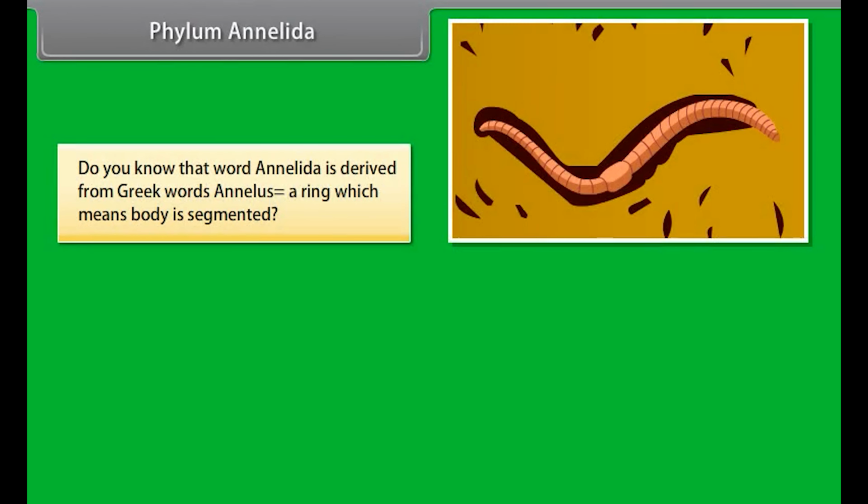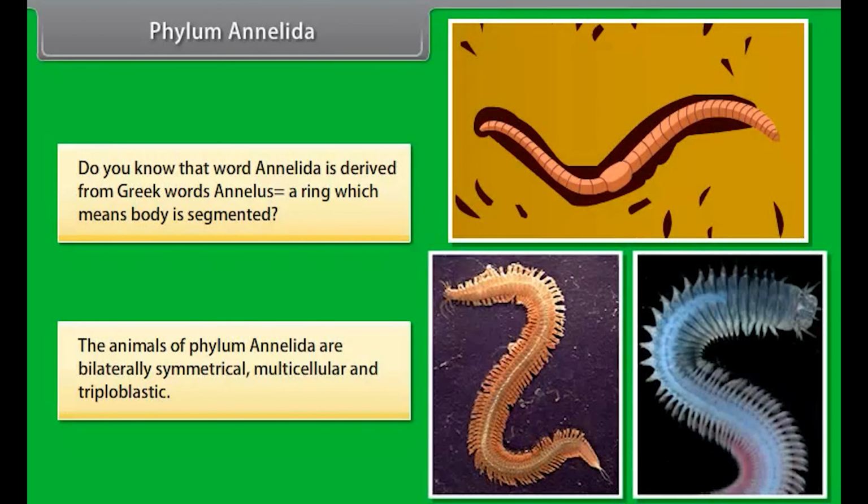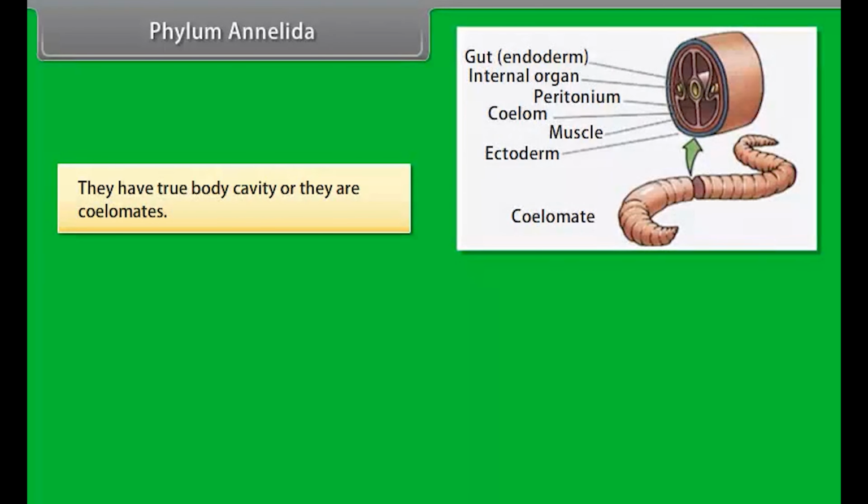Phylum Annelida. Do you know that the word Annelida is derived from Greek word annelus, a ring, which means body is segmented. The animals of phylum Annelida are bilaterally symmetrical, multicellular, and triploblastic. They have true body cavity, or they are coelomates.